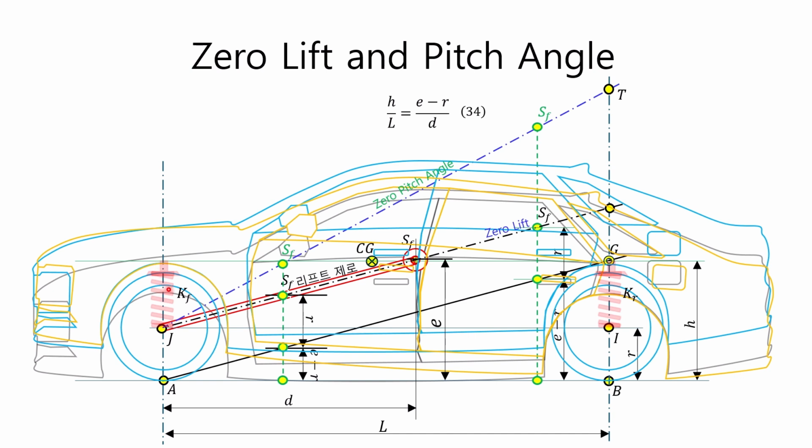As the force acting on the spring increases, the load transfer through the front suspension links increases in a direction that reduces the ground reaction force. By utilizing this fact, one can find the location of the front suspension's virtual reaction point that reduces the front ride height so that the pitch angle becomes zero. Keeping this in mind, let's examine the pitch angle.